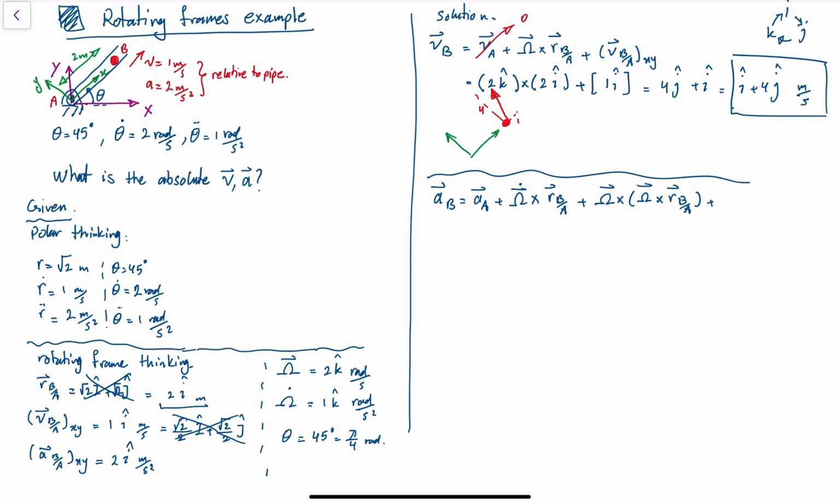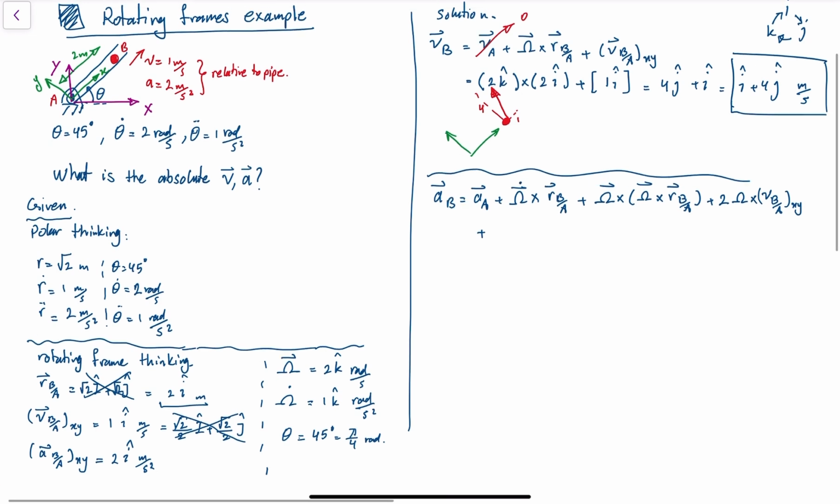You have your Coriolis, which is 2 omega cross V of B relative to A, as observed by the rotating observer. What am I missing? One more term, and that is the relative acceleration that the observer sees, A of B relative to A as observed by the little xy frame.